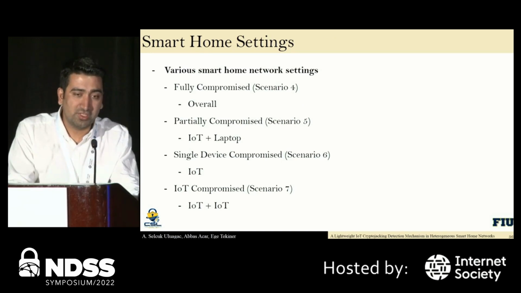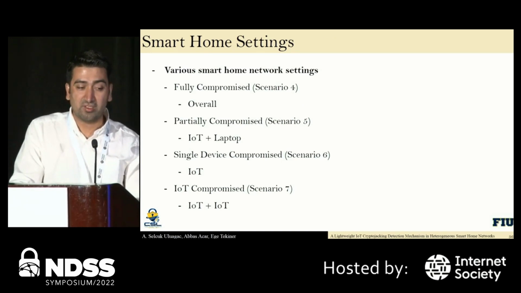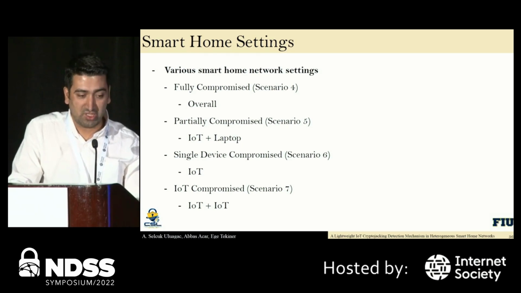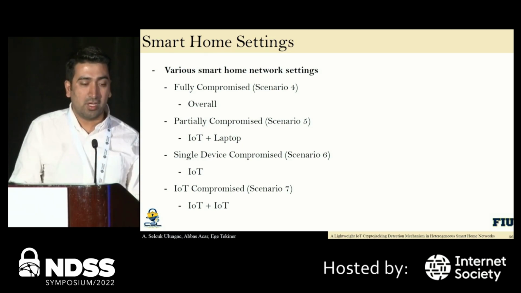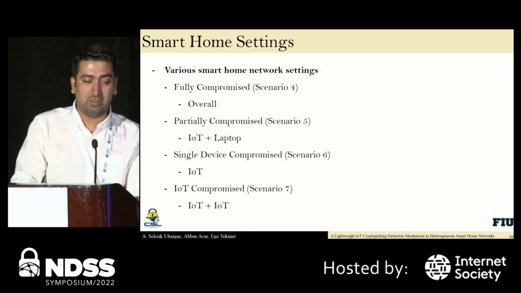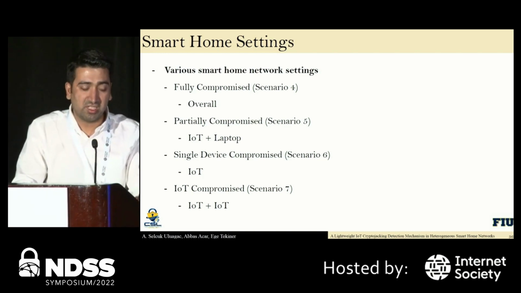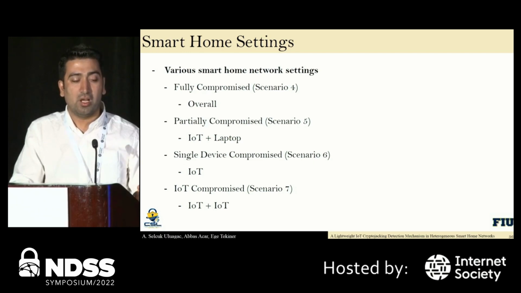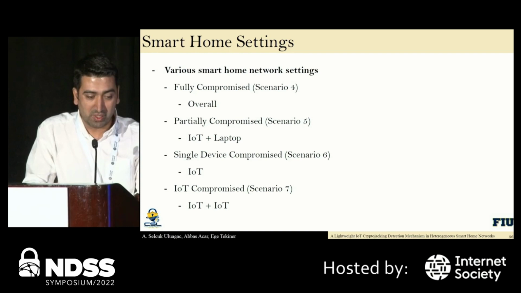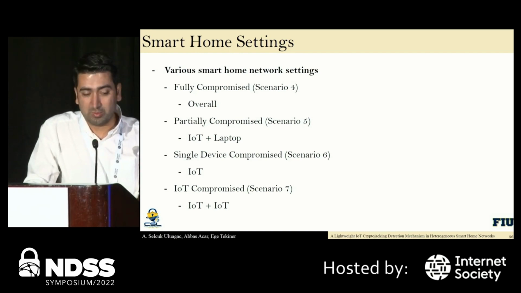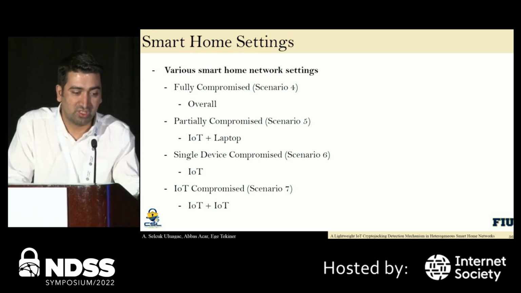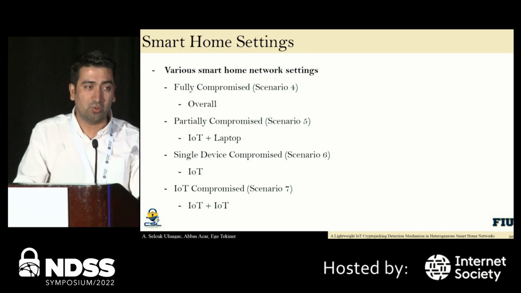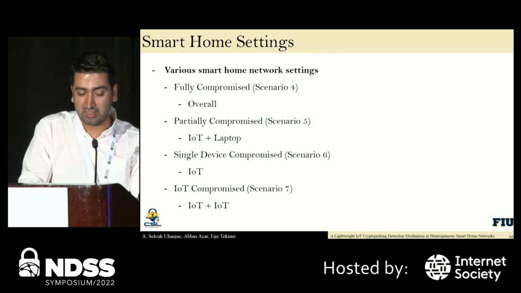And in our third set of experiments, we wanted to assess the different smart home settings, such as when the entire house, all of the devices, are compromised. In the second one, we wanted to test the partially compromised scenario, in which we only selected IoT and laptop devices as compromised. In the next one, which is a more challenging scenario, a single IoT device is compromised in a smart home setting.